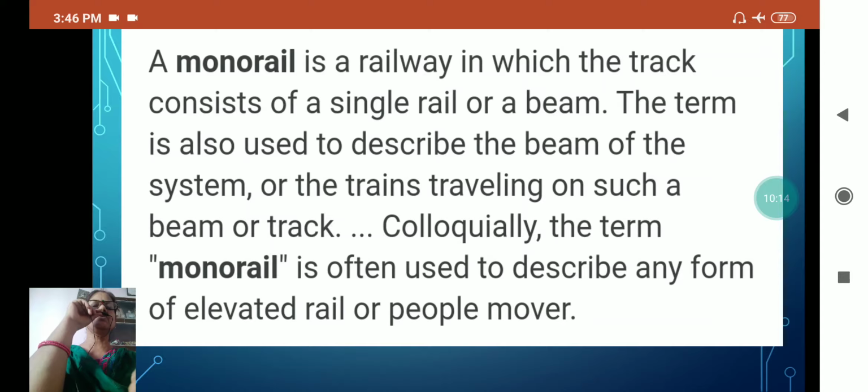Monorail, mostly you will see, my dear, it is made in a circular system, and the rail is moving in one direction only. Suppose this is the circle, the rail starts from here and it is moving the whole way. Usually in big cities, monorails are used to carry people, and this monorail is also working just like a metro train on the track.